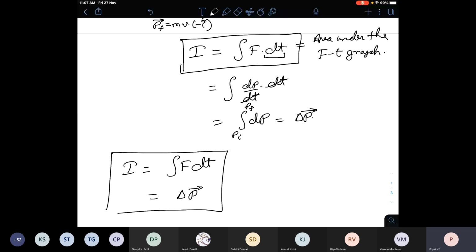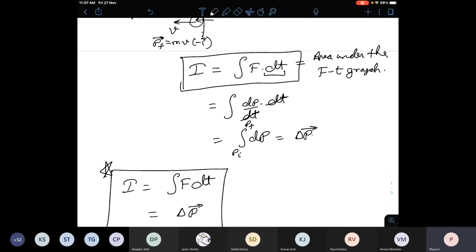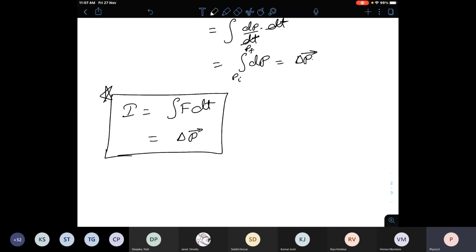Let's see an example, you will be able to understand it better that way. You have to remember this only. These derivations are not at all important. The final thing you have to remember is that impulse is calculated in these two manners: one is the area under the F-t graph, and the other is the change in momentum.